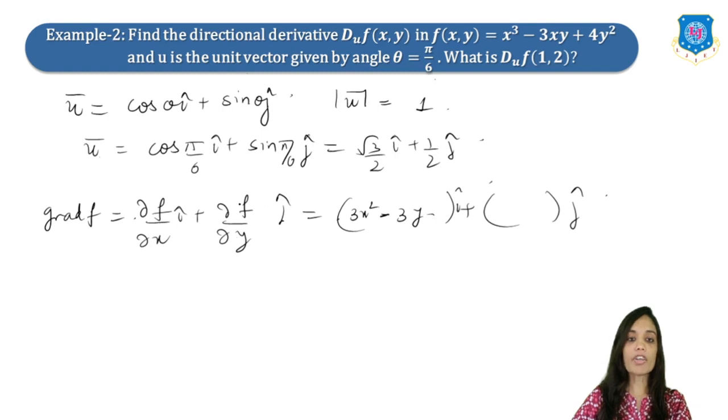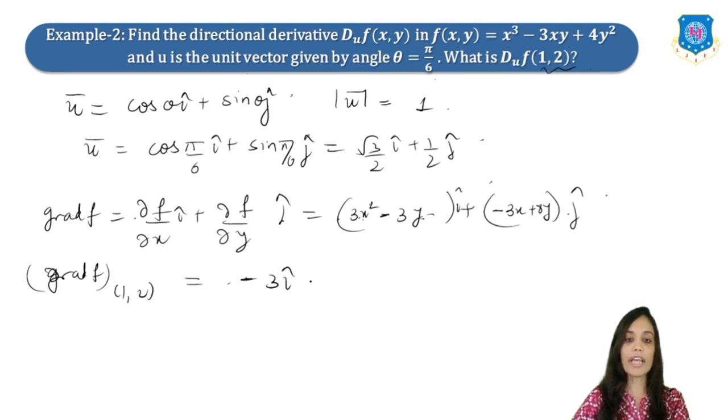And the partial derivative of f with respect to y will be minus 3x plus 8y. Okay. Now let us put the point (1, 2) which is given over here. So x is 1, y is 2. If I put 1 over here, it will be 3, and 2 over here, 3 minus 6. So minus 3 i cap plus, it will be minus 3 plus 16, so 13 j cap.